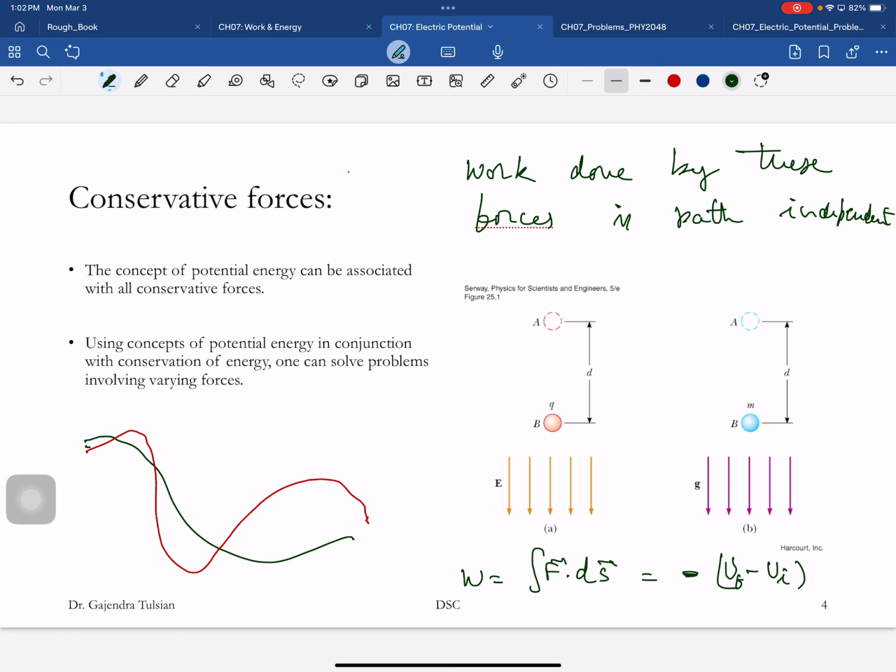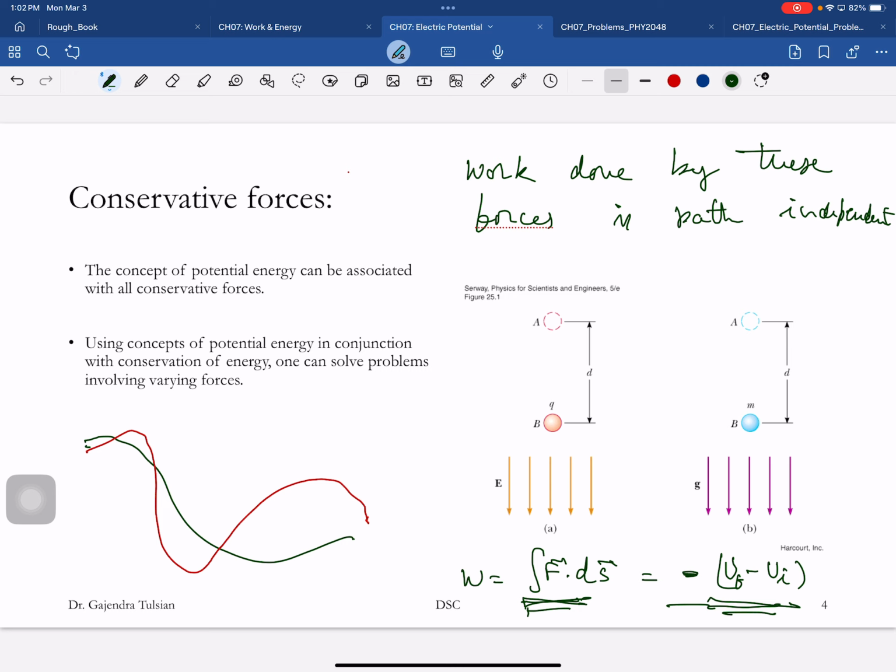So if you're pushing a cart in a supermarket, the work done cannot be written like that. The work done by friction forces cannot be written like that. The work done by rockets cannot be written like that. The work done by your car engine cannot be written like that. In fact, which are the conservative forces?